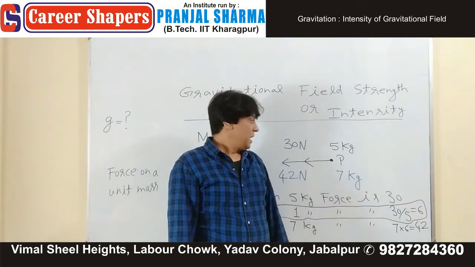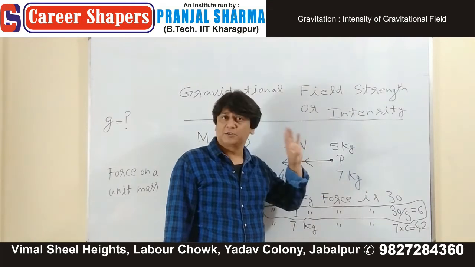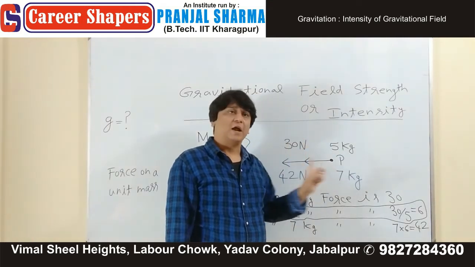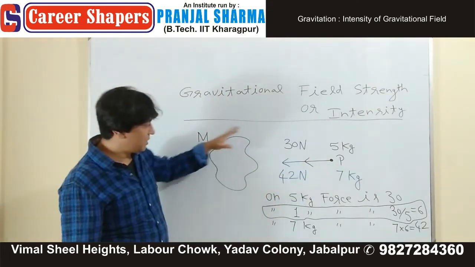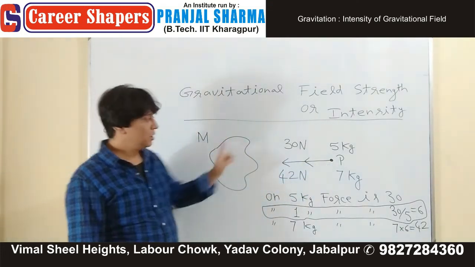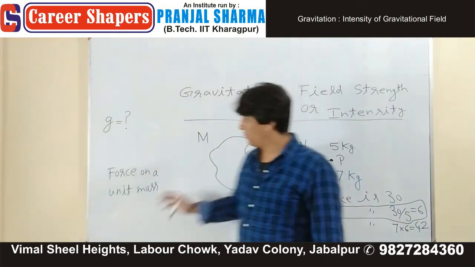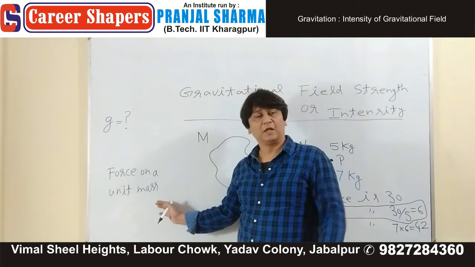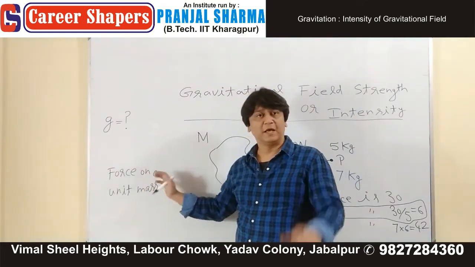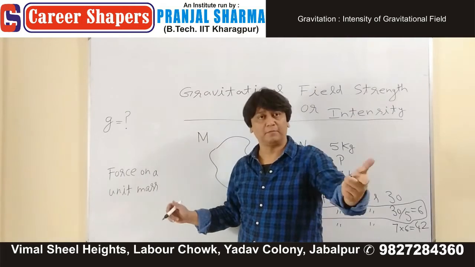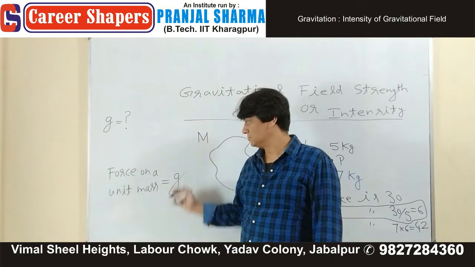So this place has now a special thing. If at a particular distance from a given mass body you place a unit mass and you can find the force on the unit mass, then this force on unit mass is given a special name, and that name is what?